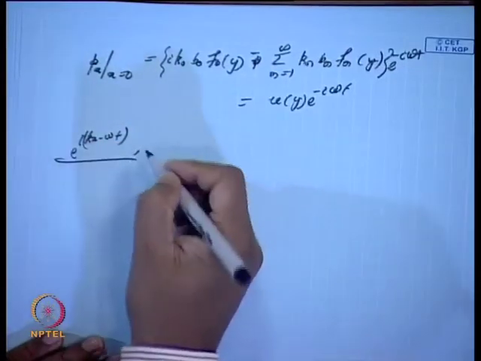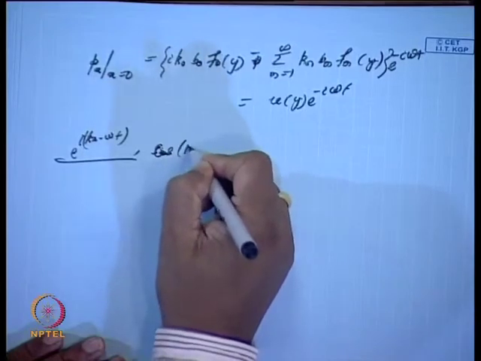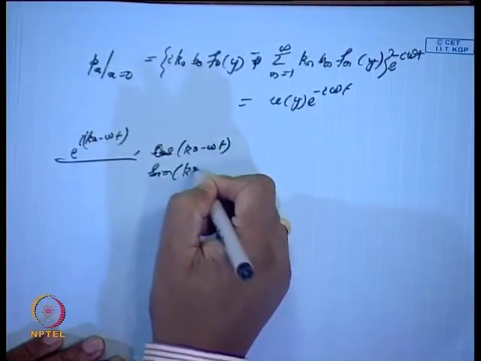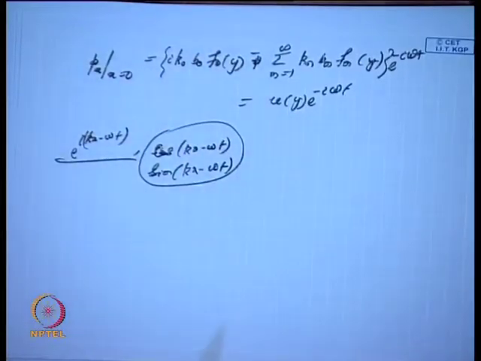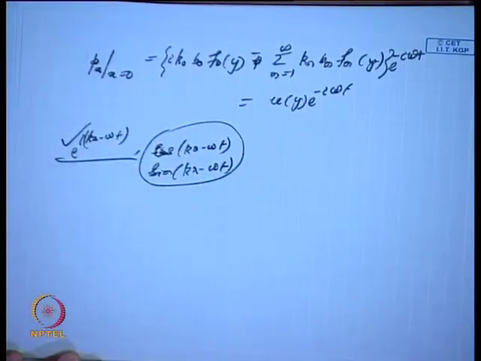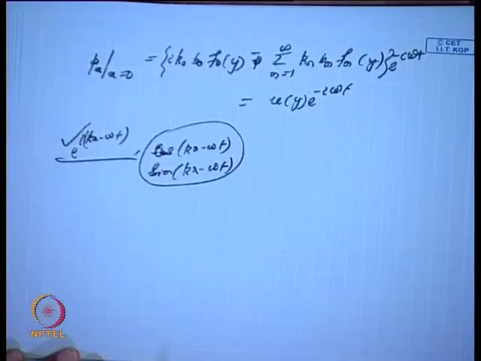The real and imaginary parts are cos k x minus omega t or sin k x minus omega t. For ease of mathematical simplicity, we always look into the complex form of the wave, and when you go for real life problems, we always finally consider the real part of this.